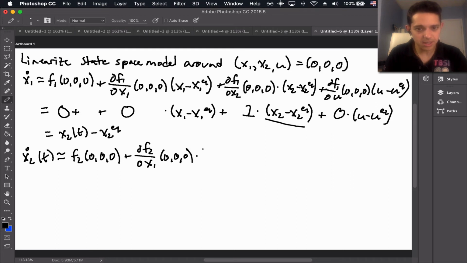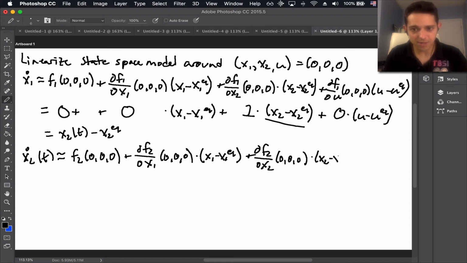Okay. So now it's just bookkeeping, rewriting the equation above, but with f2 instead of f1. We don't have to think very hard here. It's just a matter of copying down these terms.